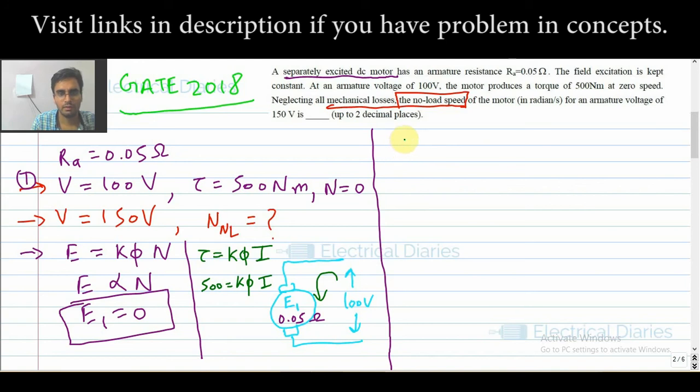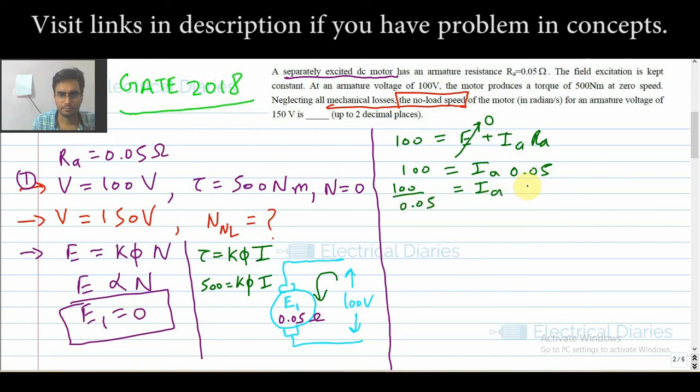When you apply KVL, you will get 100 is equal to E, but E is 0 here. So 100 is equal to IA times RA, and RA you know is 0.05. So IA is equal to 100 by 0.05. This is your IA.